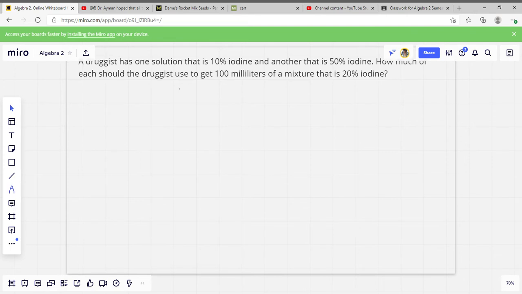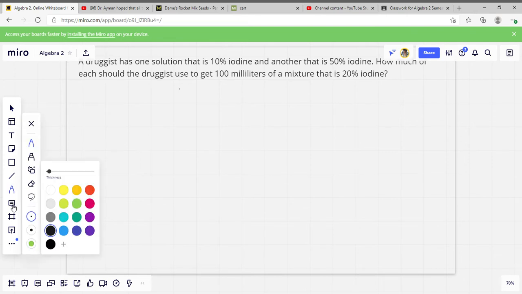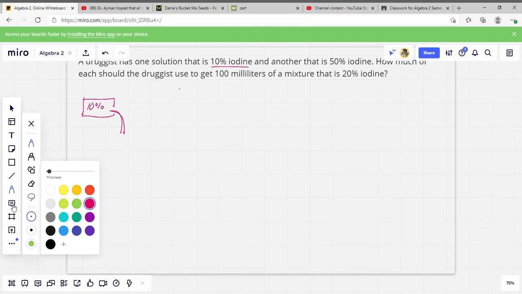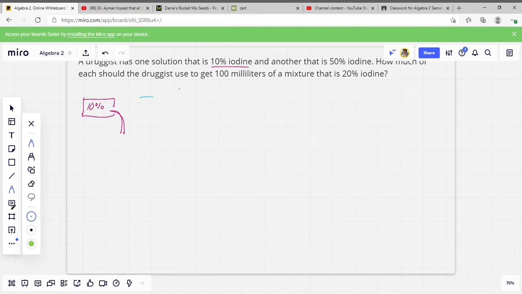Alright, so we've got one container, and they're pouring some liquid out of this one, and this is our 10% solution. Then they've got another container, pouring some liquid out of this one, and this is our 50% solution.